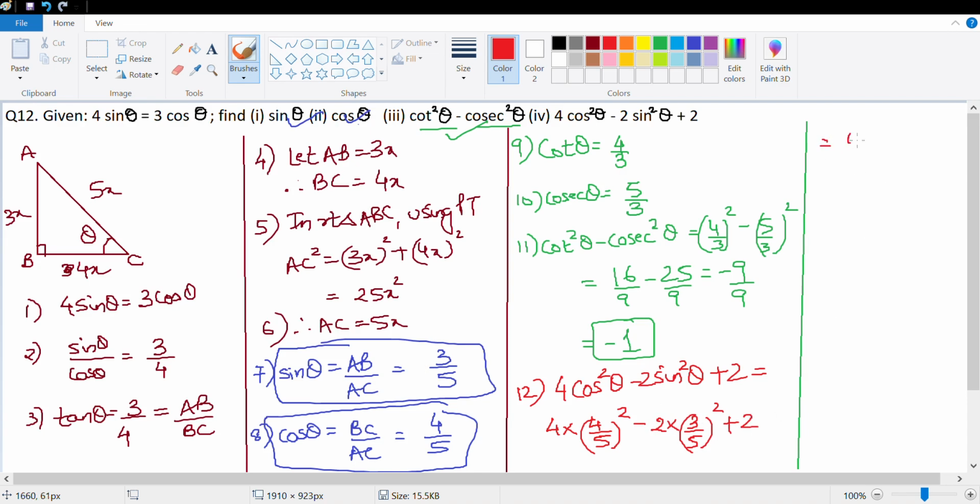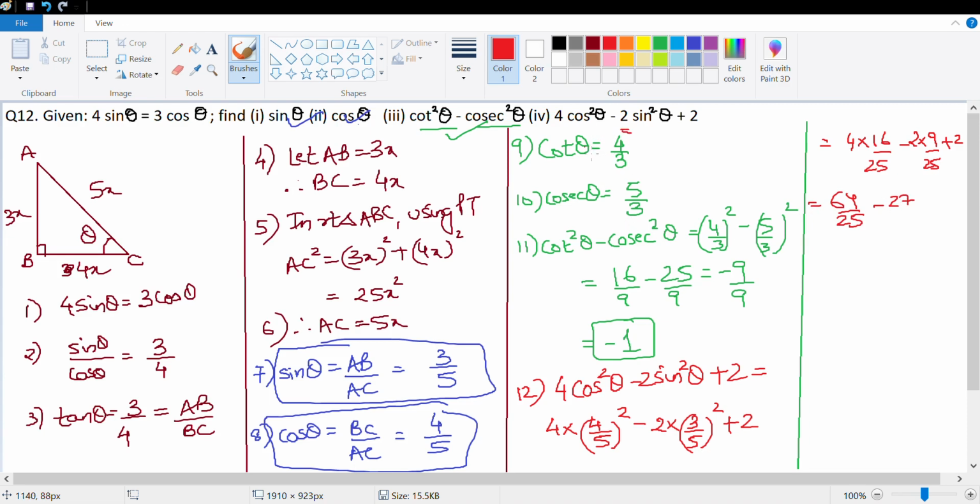This is equal to 4 multiplied with 16 upon 25 minus 2 multiplied with 9 upon 25 plus 2. So this is 64 upon 25 minus 20. This is 2 or 3?